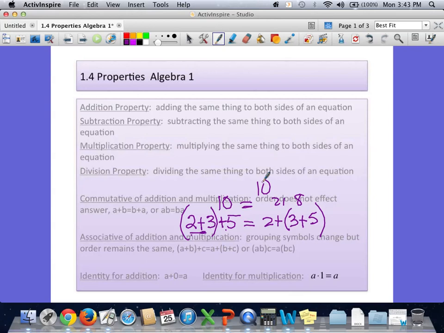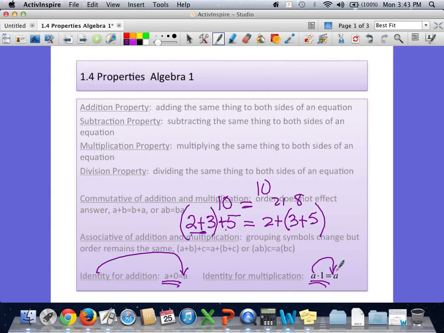The identity for addition is when you add 0 to your number because you get the same outcome. You get your same thing that you started with. So you're going to be adding 0 for the identity for addition, and you're going to be multiplying by 1 to get the same outcome for multiplication.